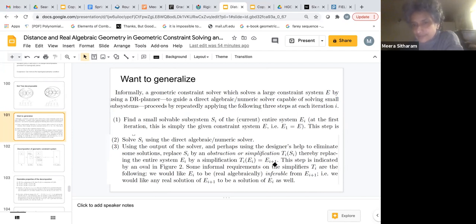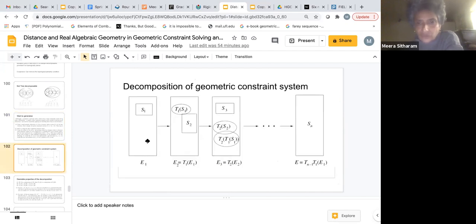to be preserved. So this is just a simple picture saying I find a subsystem which has finitely many solutions. You simplify it somehow and put it back in there such that you're not changing the set of real solutions of this one.